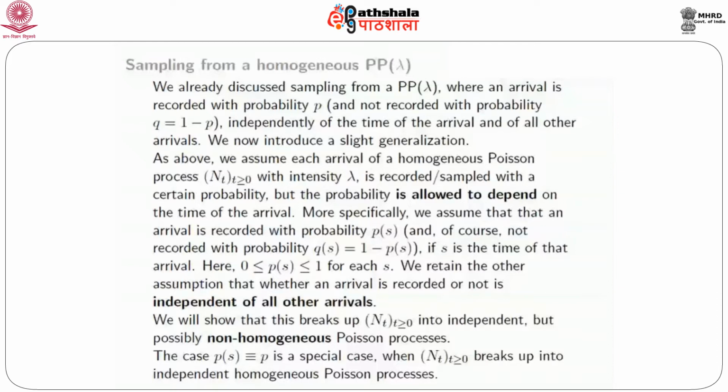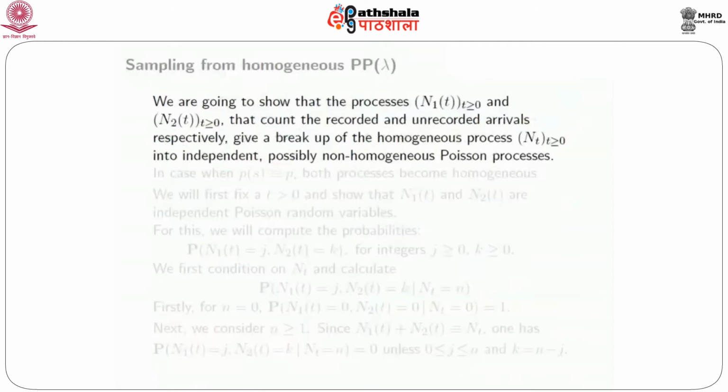And of course, q(s) equal to 1 minus p(s) is the probability of the arrival at time s being not recorded. For every s, the number p(s) is between 0 and 1. Of course, we retain the other assumption that whether a particular arrival is recorded or not is independent of other arrivals.